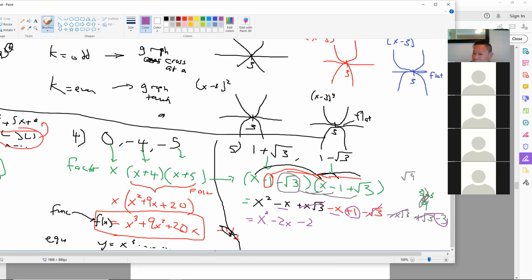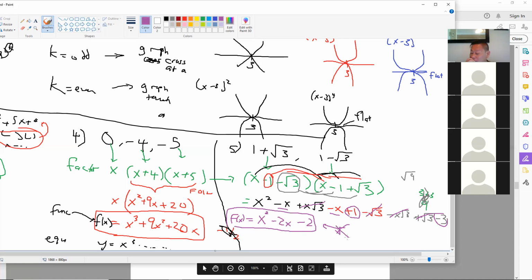So you notice that when I give zeros, look at your polynomial functions. Do you see any square root in there? No, right? So my question to you is, every time you FOIL something like this out, do you get square root in your final answer?